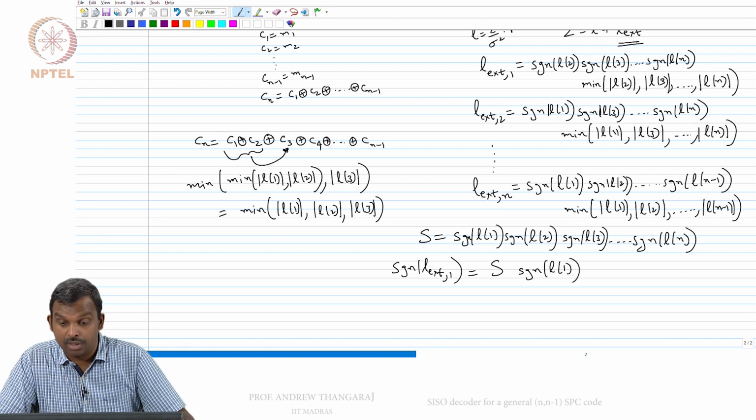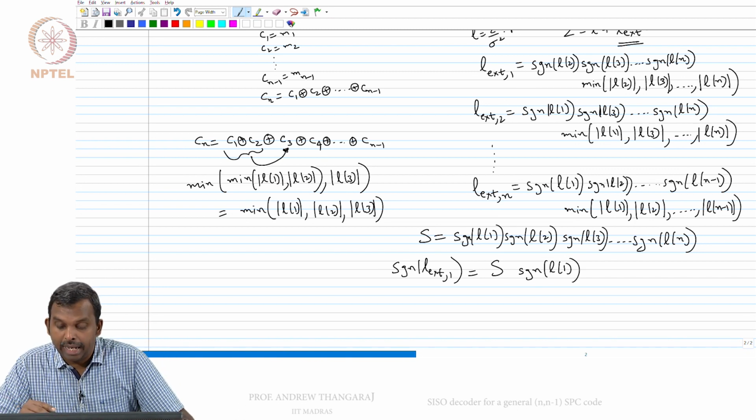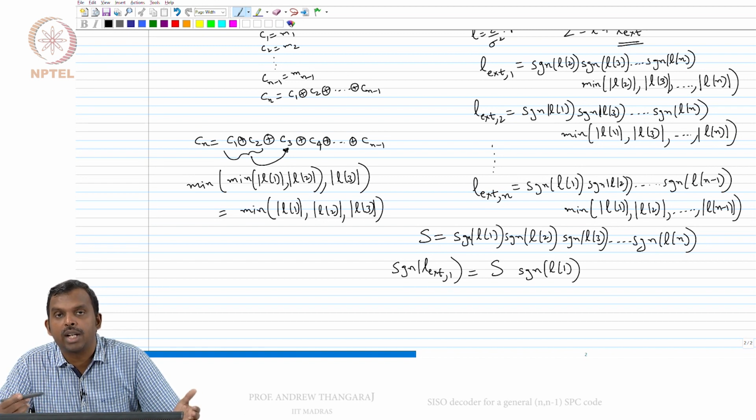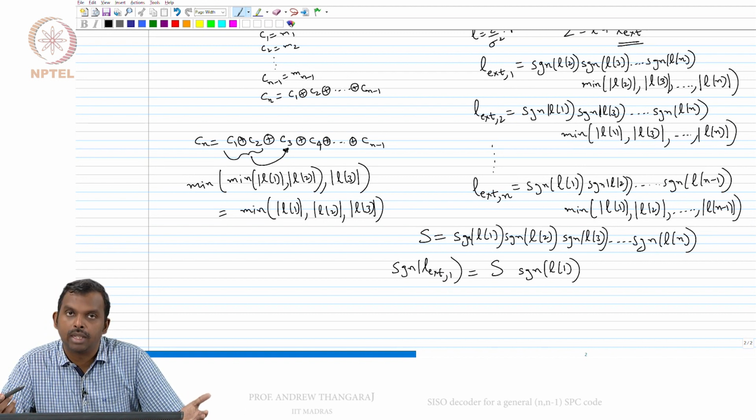Okay, why is this true? If you take s and multiply with sign of L of 1, what happens? You get sign squared of L of 1 and all these other things. What is sign squared of L of 1? Sign square of x is actually 1. Why is that? If sign is minus 1, sign into sign becomes plus 1. If sign is plus 1, everything is plus 1. So, sign squared becomes 1, so that goes away.